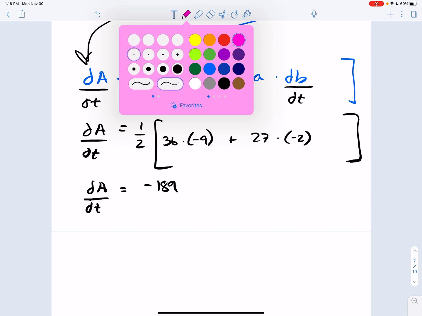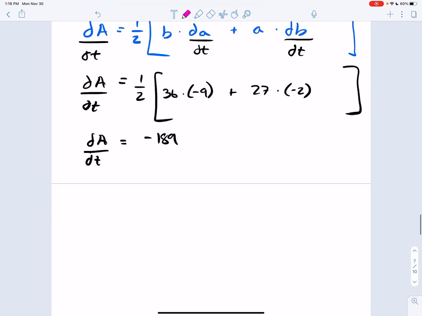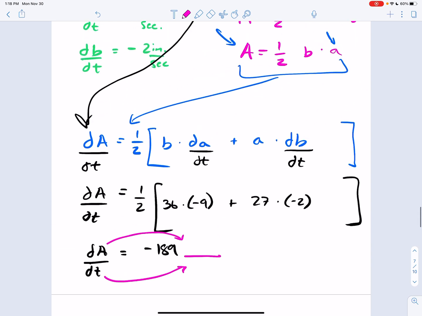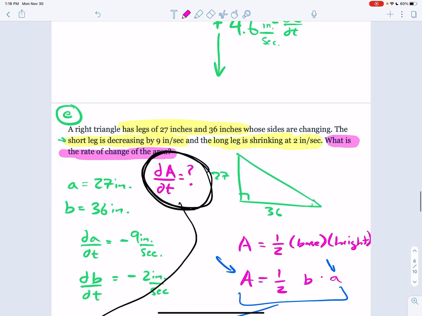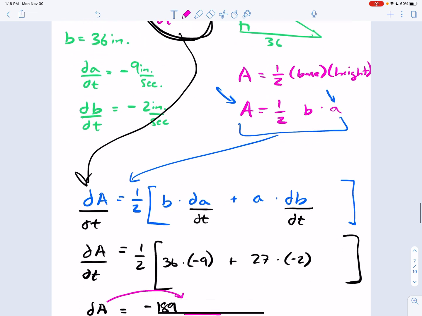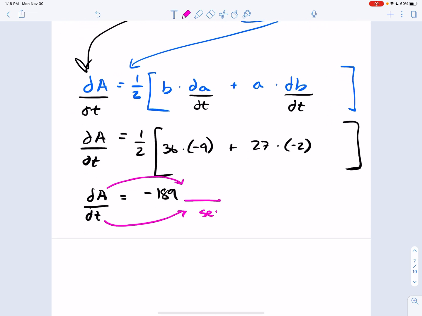Now, here's what I mean by units, okay? Just think about what you're dealing with. A stands for area. T stands for time. Time, what units of time did we use here? We used seconds. Now, area, how do you measure area? Area is always measured in square units.